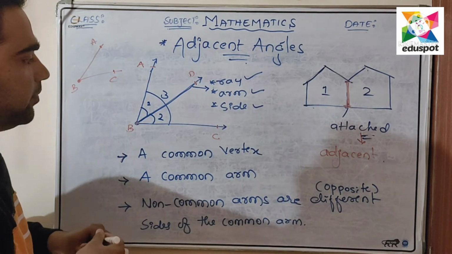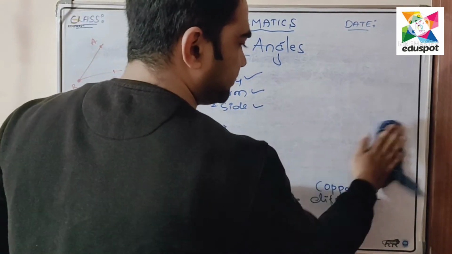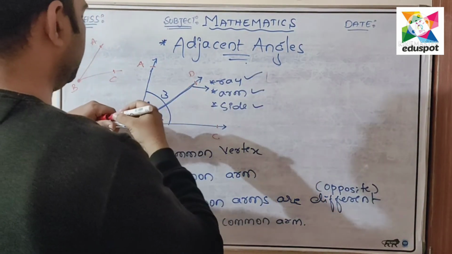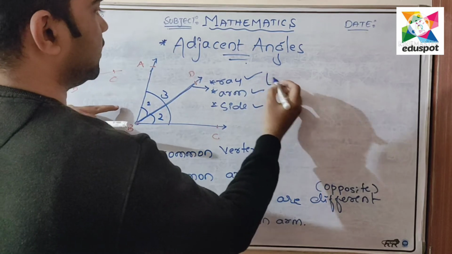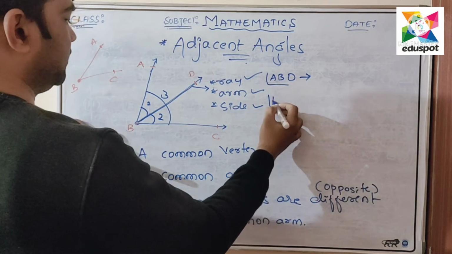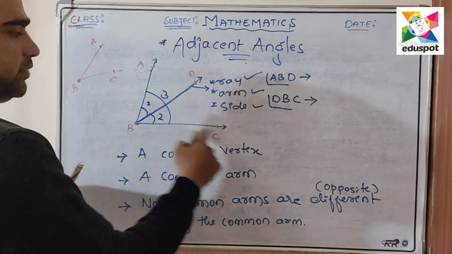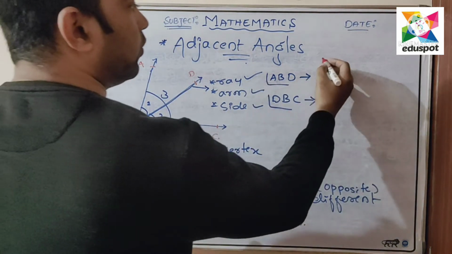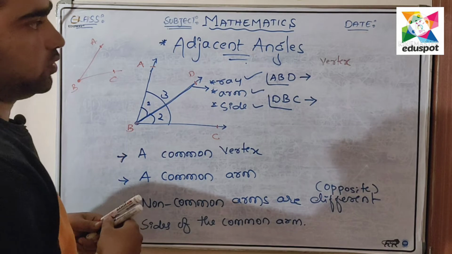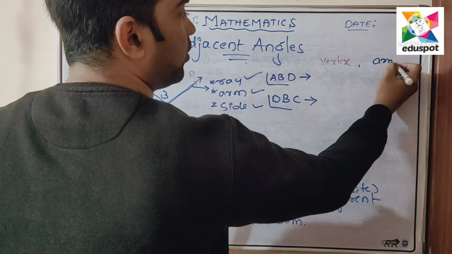Fine then. Let's compare the exact two angles. We take angle ABD and angle DBC. Then we will check whether the vertex and arms are common or not.